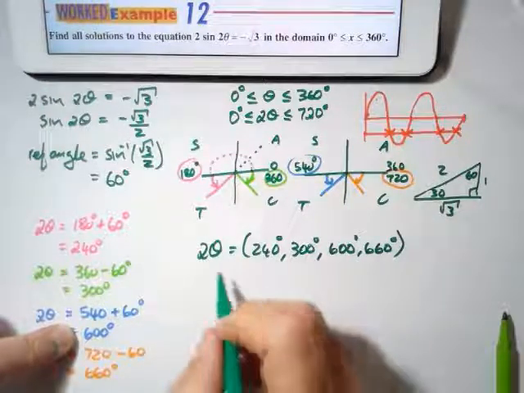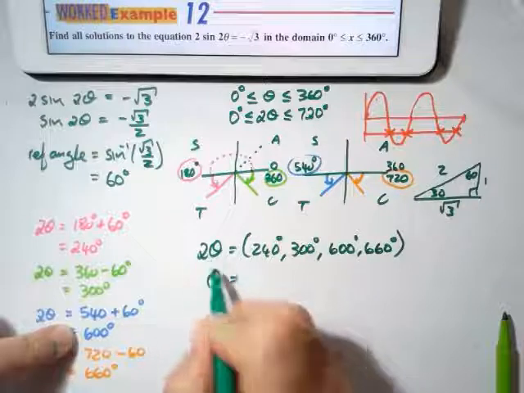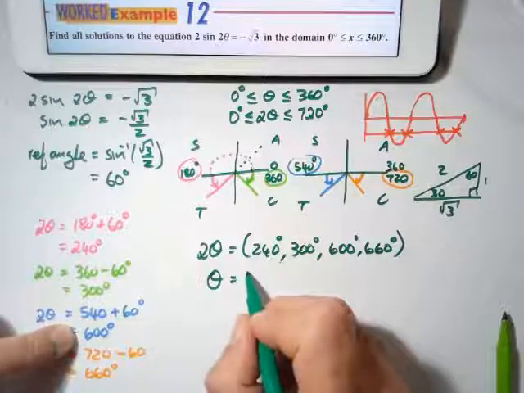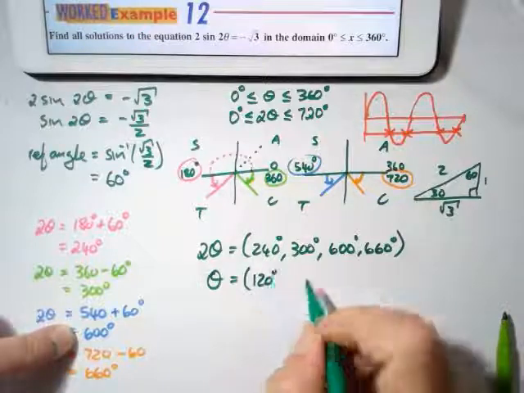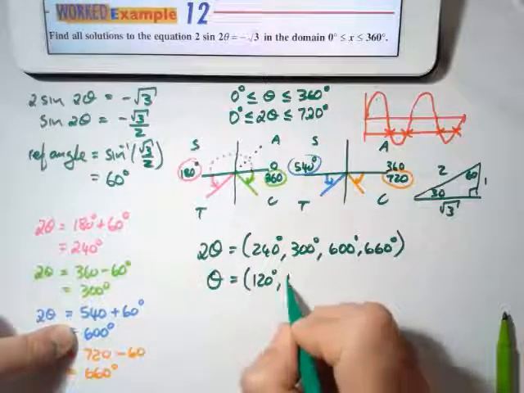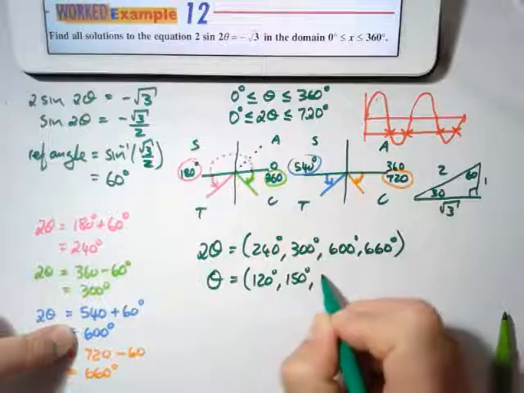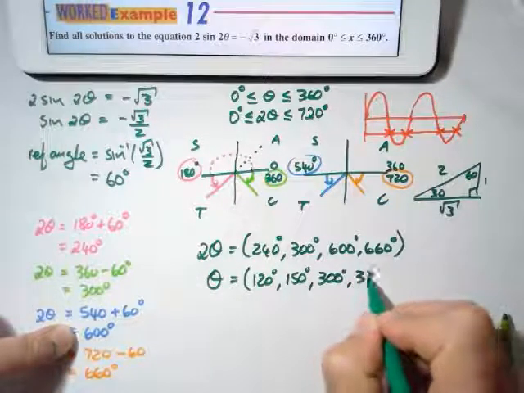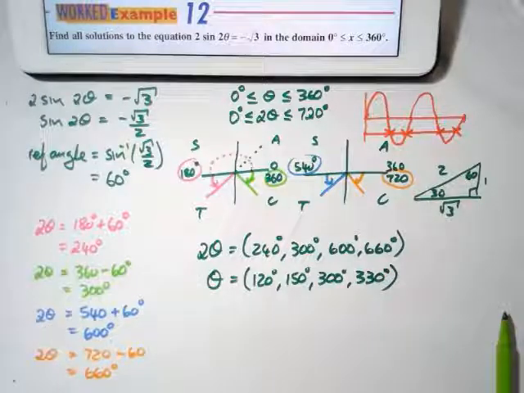Okay, but I don't want that. I want for half of that. So if I divide all of that by 2, my answer will be 120 degrees, 300 divided is 150, and that is 300, and that is 330 degrees. And that's all my answers done and dusted.